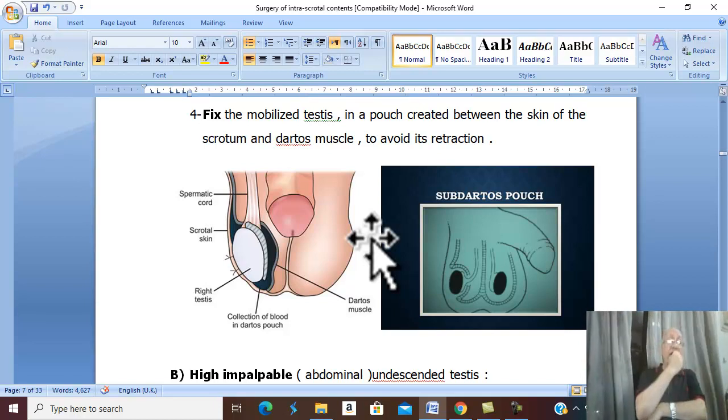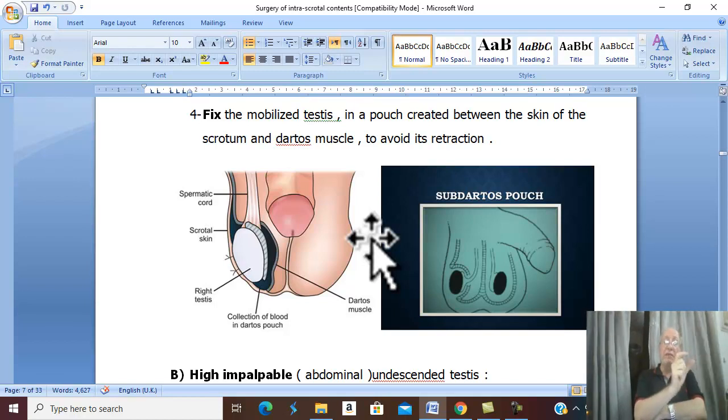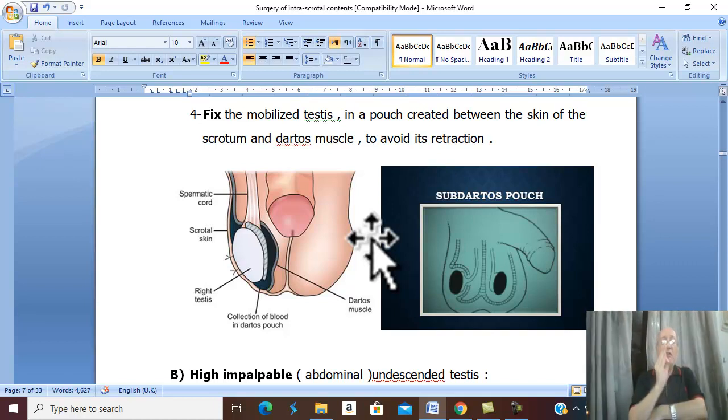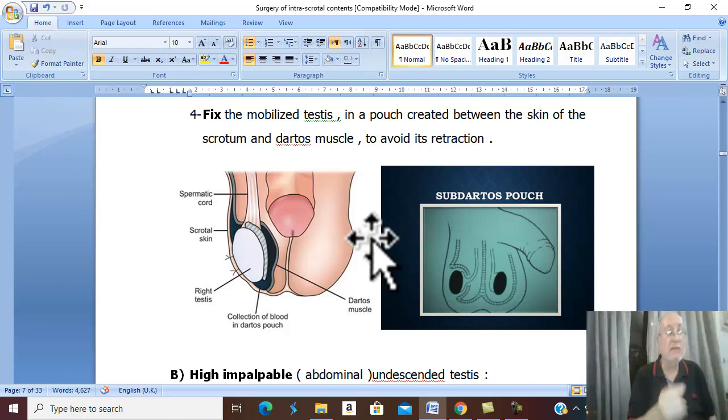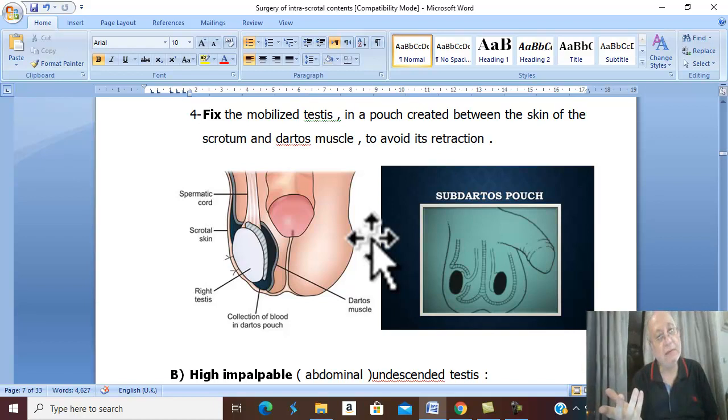What is the age of treatment of this patient? The age of treatment of this patient is from 6 months to 12 months after birth. Why? To preserve normal development of the testis and to protect the testis from irreversible histological changes which may start at 12 months.